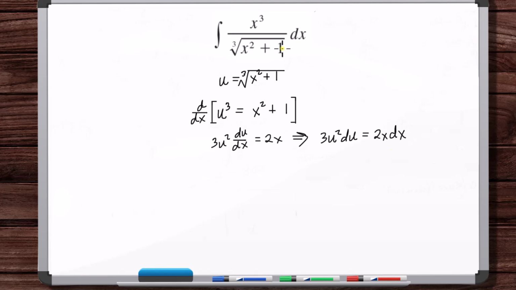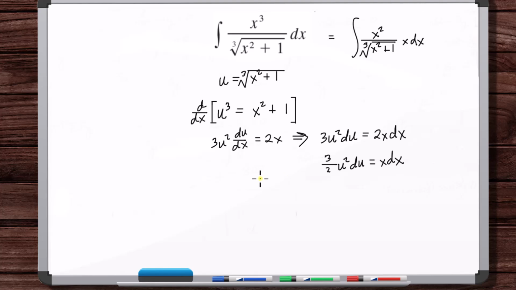Okay, and so we can make an x dx here, right? Yeah, so let's try that. So we've got 3/2 u squared du is equal to x dx.